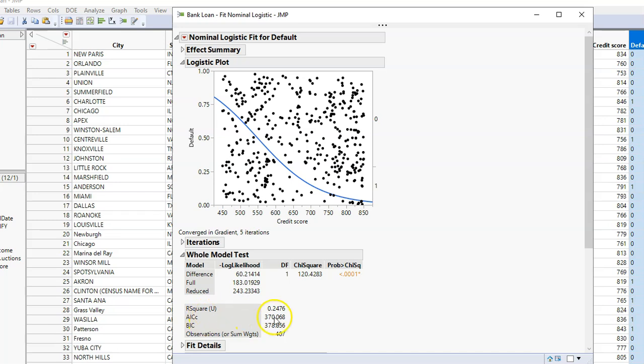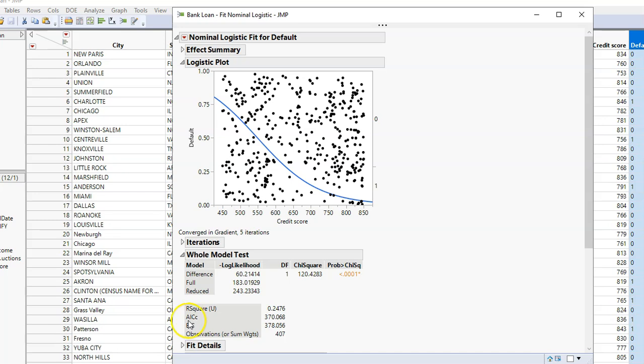With the R-square of 0.24, 24.7% of the variation in default is explained by the credit score. Of course, there are other variables that can help to increase that R-square. If you create multiple models, the AIC also can help you to decide which model has the lowest error and is a better model.